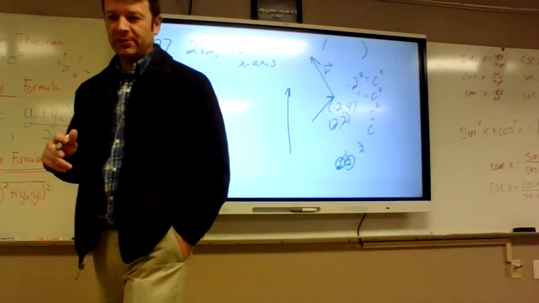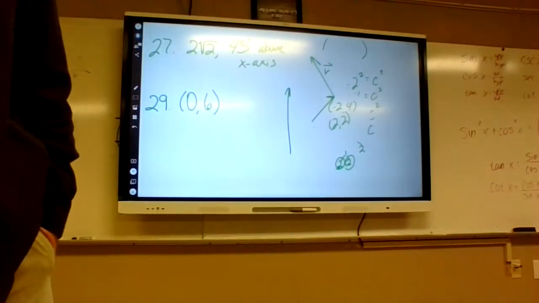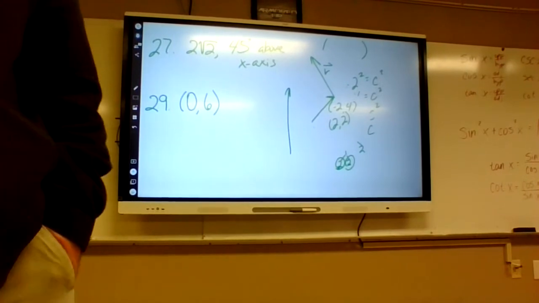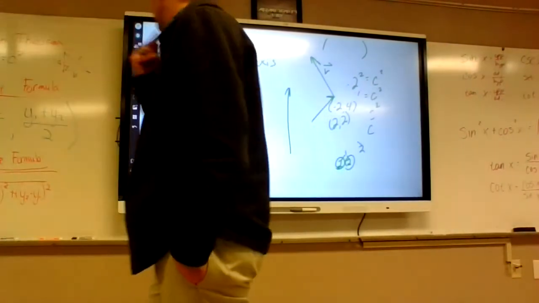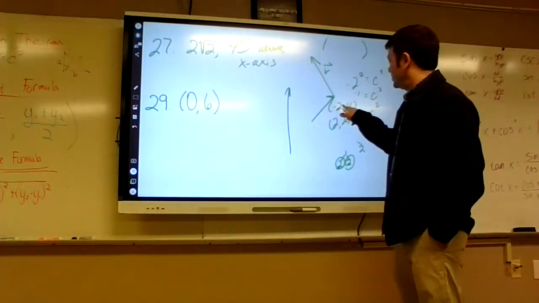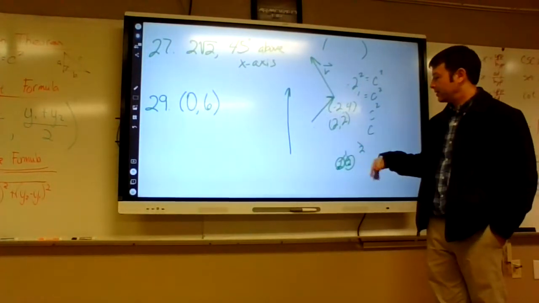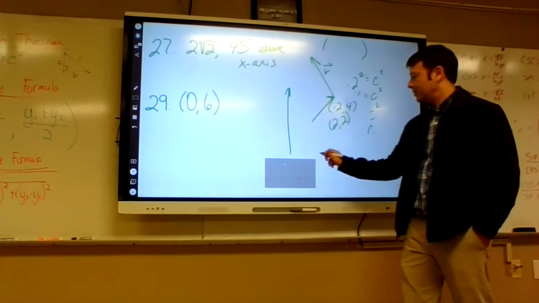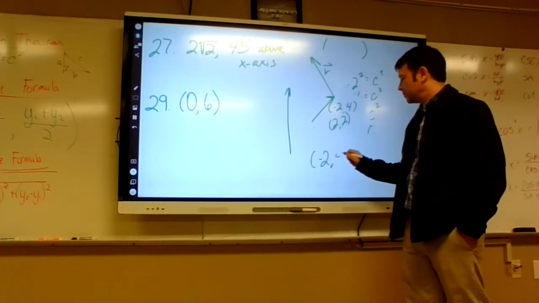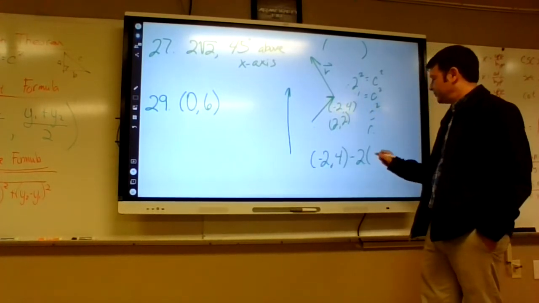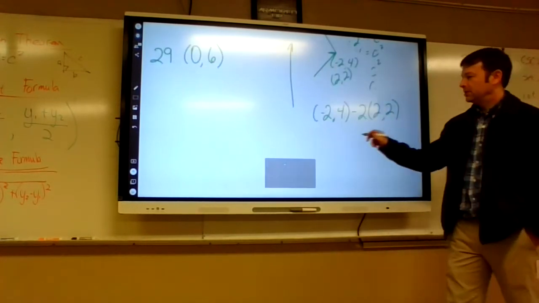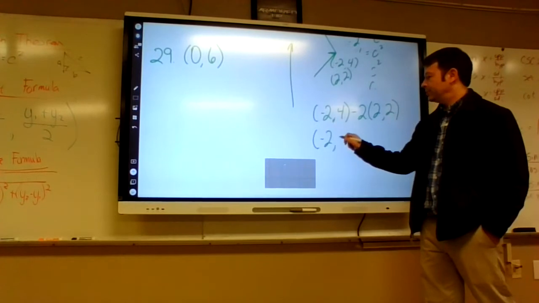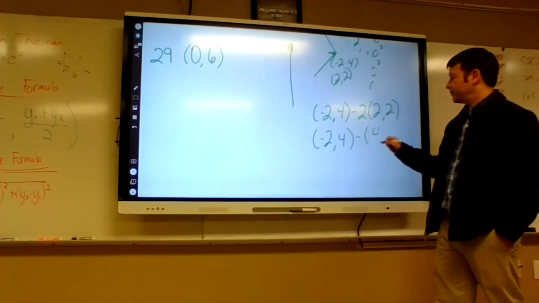All right. Wait, was that all they asked on 29? Yeah. 31 is vector v minus 2 vector u's. So vector v, we just talked about it, is negative 2, 4. Minus 2 vector u's, which we said was 2, 2. So 4 and 4. If you double vector u, it becomes 4, 4.